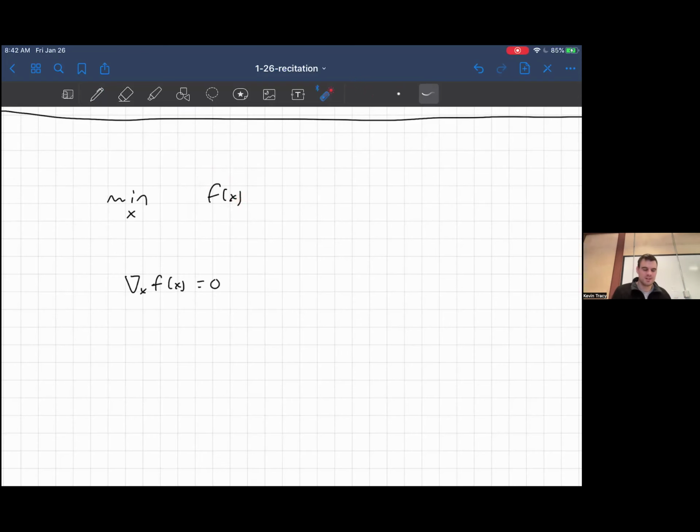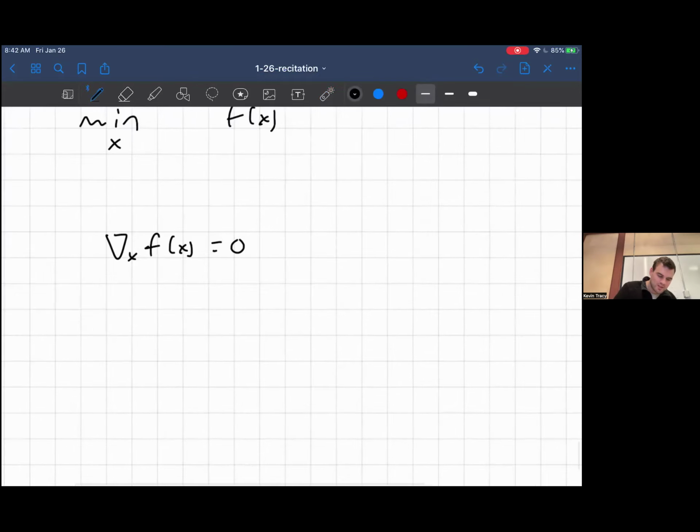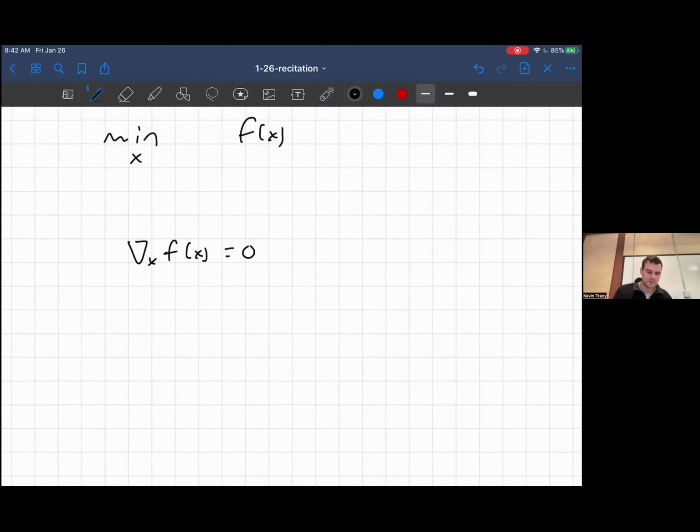The way we do this is, I wrote down this condition. This is our optimality condition because there are no constraints. It's super simple. I just say make this thing equal to 0. And the way that I start doing that is just using Newton's method. So if I define g as this gradient function of f, and I want this thing to be equal to 0, now I just use Newton's method.